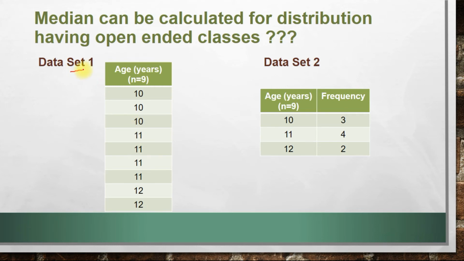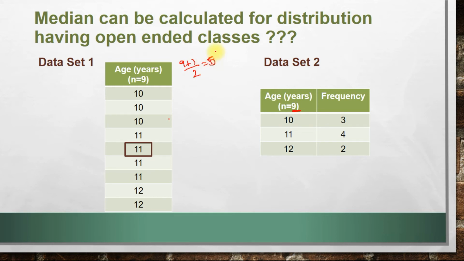Here we have dataset 1 and dataset 2. In dataset 1 we have 9 observations, and in dataset 2 we also have 9 observations. So same number of observations in both datasets. If we compute median in the first data set, we have (9 plus 1) divided by 2, so 10 by 2.